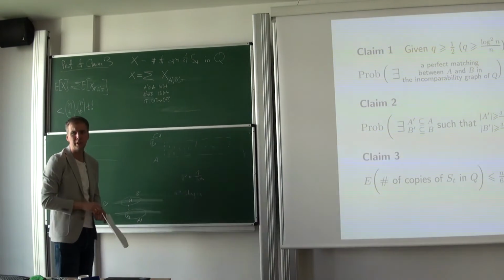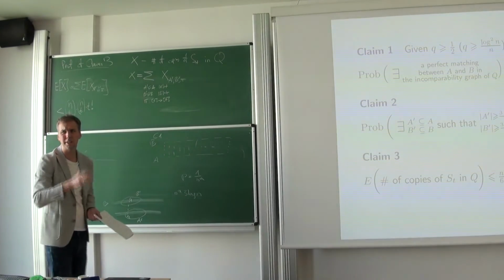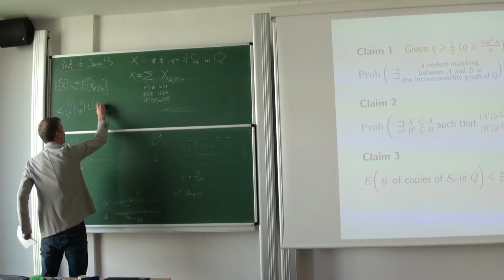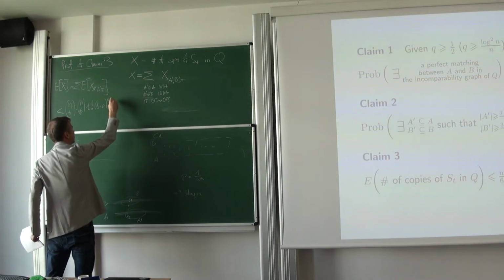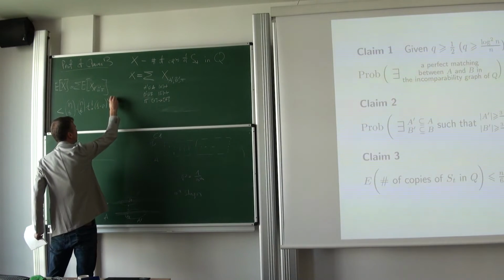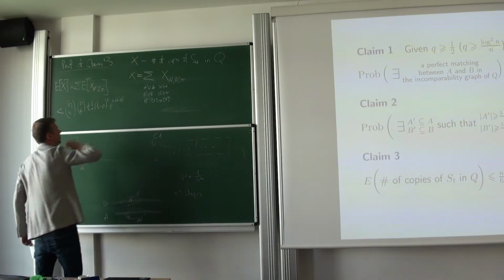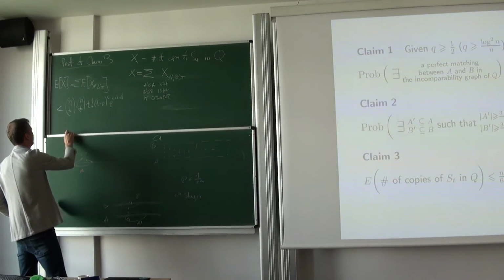Then we need to see certain comparabilities and certain incomparabilities. There are exactly t incomparabilities. So incomparability is 1 minus p to the t, and the rest are comparabilities, and this is t times t minus 1, right? Comparabilities. Okay, so that's it.